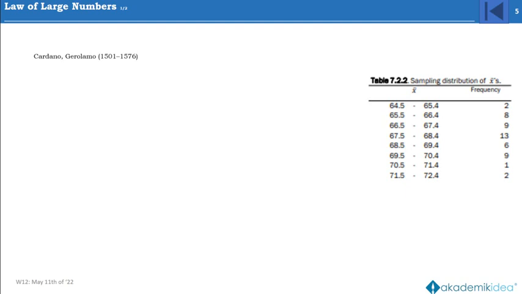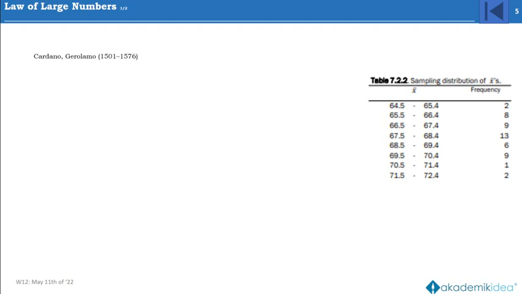The Italian mathematician Gerolamo Cardano, who lived between 1501 and 1576, stated without proof that the accuracies of empirical statistics tend to improve with the number of trials. This was then formalized as a law of large numbers.